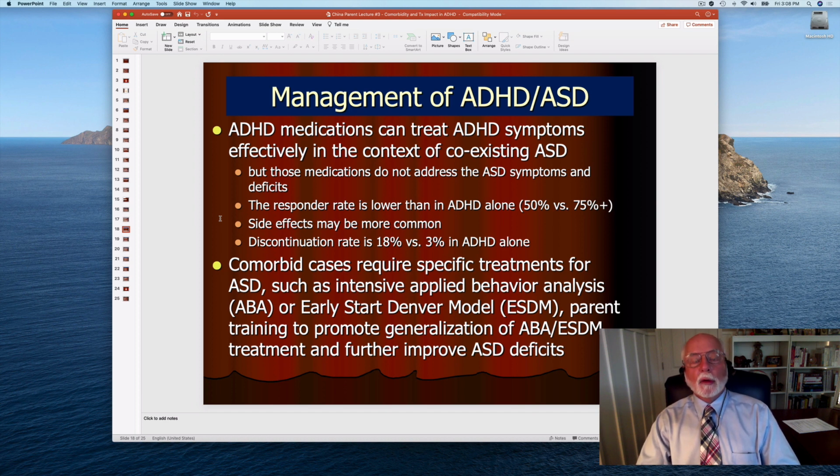So, we're going to need to apply intensive applied behavior analysis, one of the few evidence-based treatments for autism, or the parenting version of that known as the Early Start Denver model to help parents of preschool children alter their parenting behavior in order to try and improve the symptoms of autism. It's also possible that treating the ADHD with an ADHD medicine could make the child more responsive to these treatments for autism.